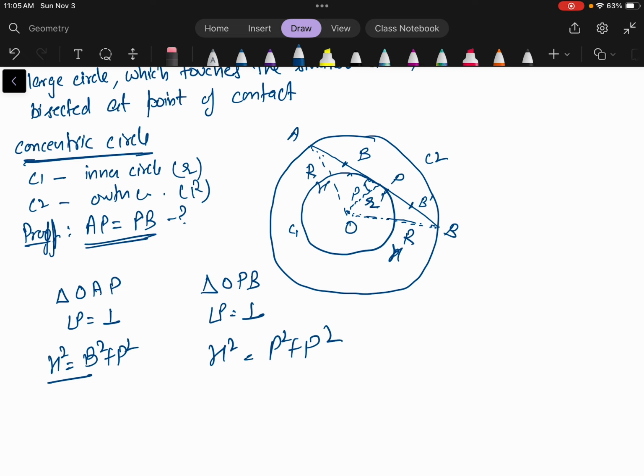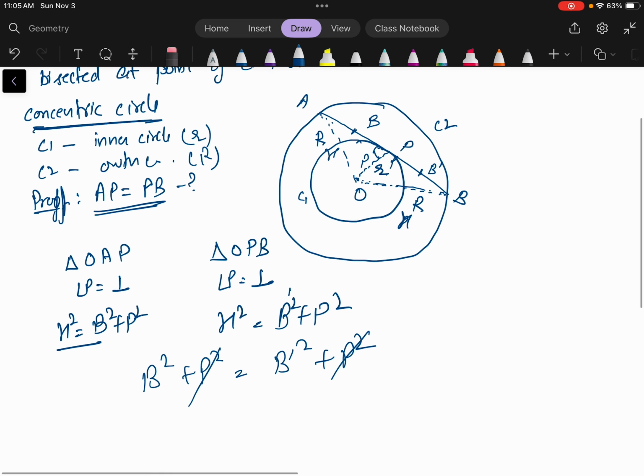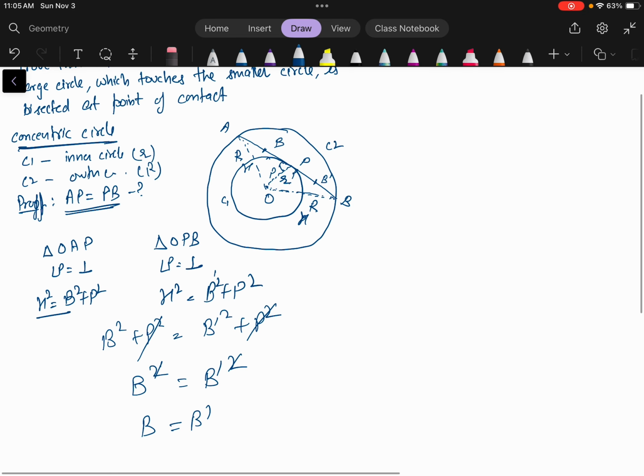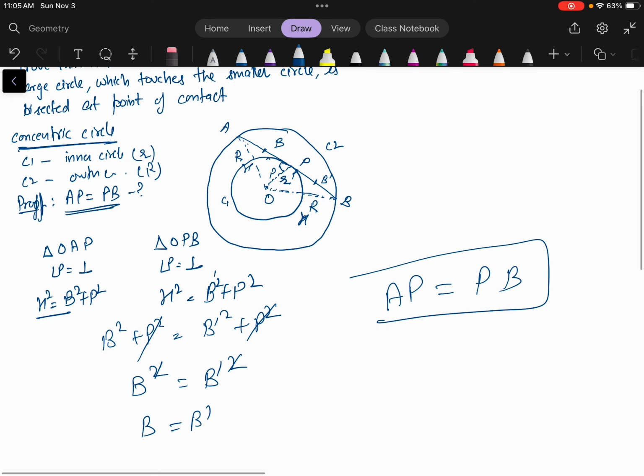So b square plus p square is equal to b dash square plus p square. P square cancels, so b square is equal to b dash square, so b is equal to b dash. So AP is equal to PB. We proved that AP is equal to BP.